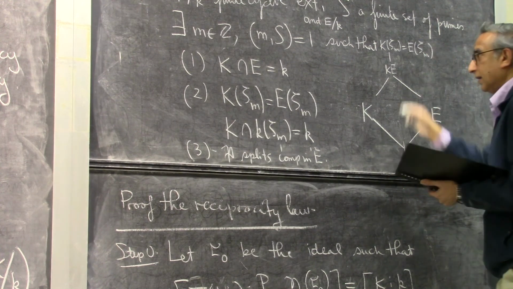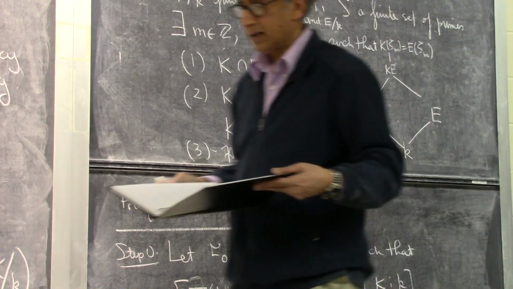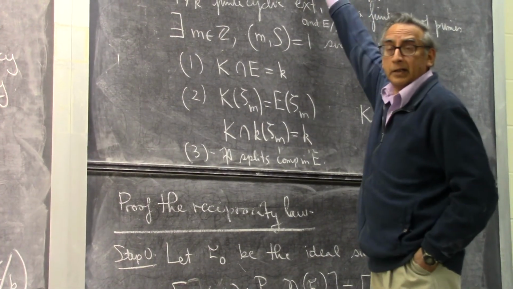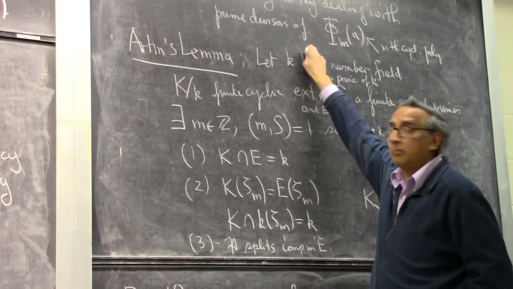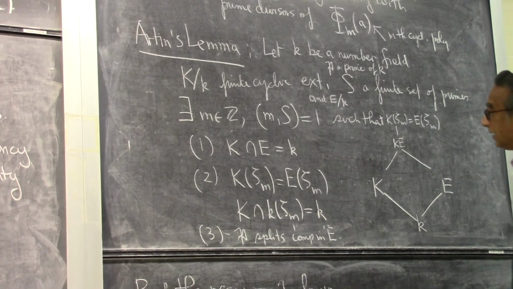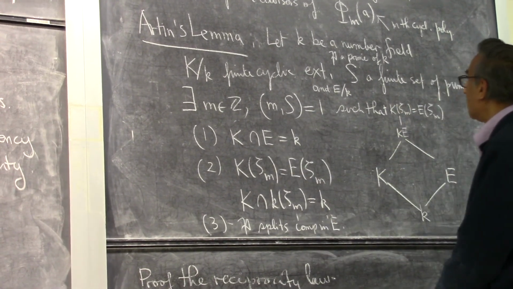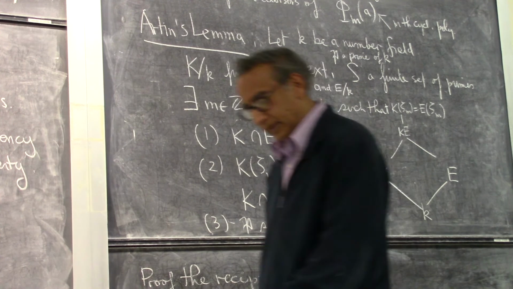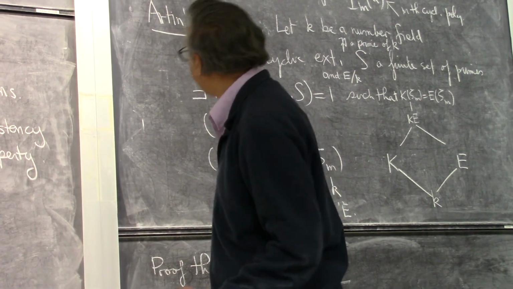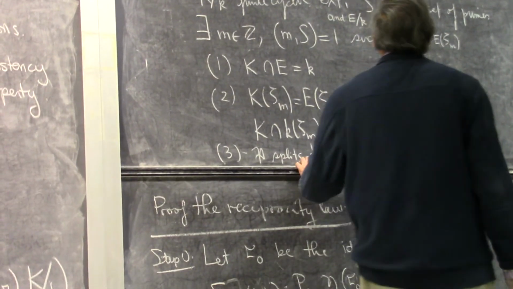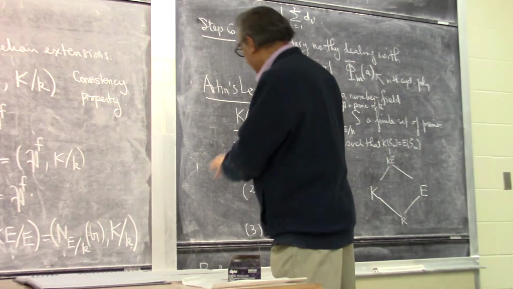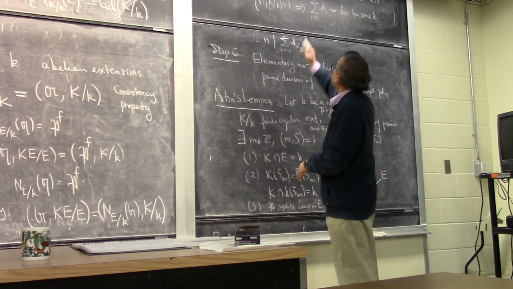Now, what am I trying to say? I'm trying to say that Artin's lemma is a consequence of the elementary number theory that goes in here. Understanding the prime divisors of cyclotomic polynomials and cyclotomic theory allows you to arrange for this. And once you have this Artin lemma, you have to go back to the condition that we had and analyze when this can happen, using the construction of these auxiliary fields, one for each of these i's.